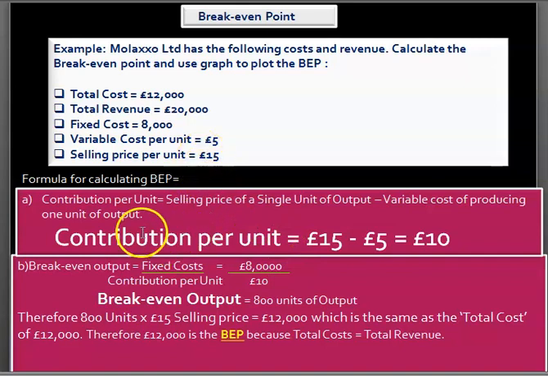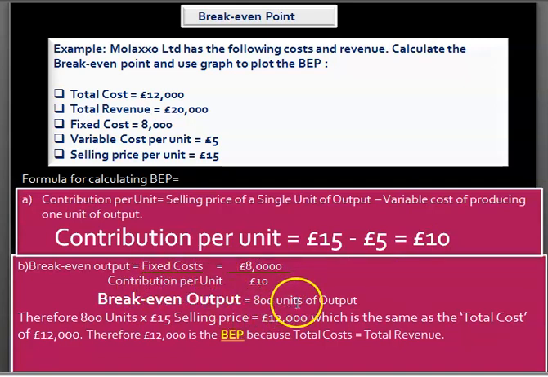So to calculate the contribution per unit, £15 minus £5 gives you £10. Once you get this £10, which is the contribution per unit, you divide it into fixed cost. They've already given you the fixed cost here, which is £8,000. So you put the £8,000 divided by 10, which is fixed cost divided by contribution per unit.